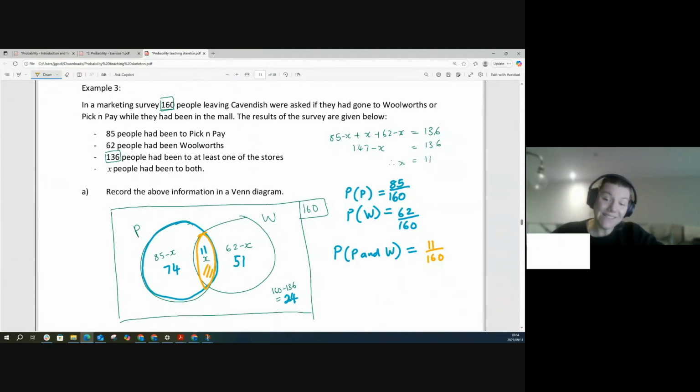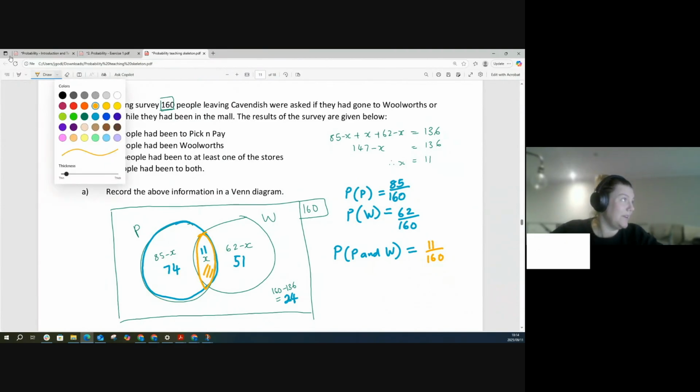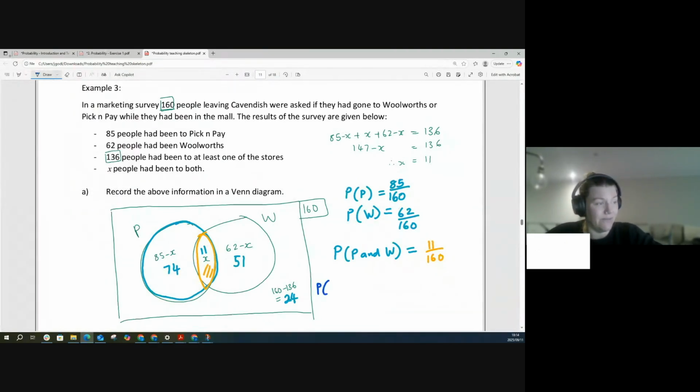Okay. So when we say or, I'm going to write that formula for you quickly here. The probability of Pick and Pay or Woolies is the probability of one plus the probability of the other minus the probability of the one and the other. Right? So the probability of Pick and Pay is 85 out of 160.